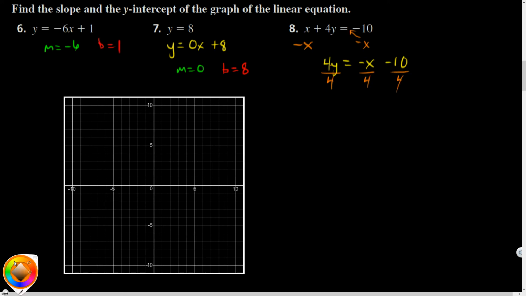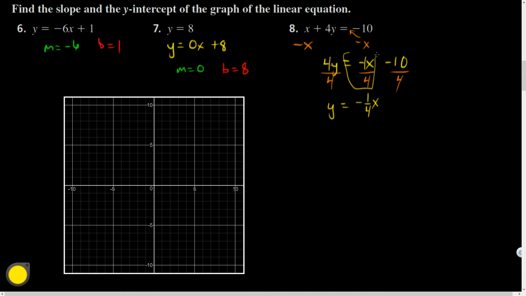And Trinley, watch out for this one. This one's tricky. Instead of leaving this as negative x fourths, which is true, I'm going to rewrite that. Imagine a little positive 1 in front of that. I'm going to rewrite that as negative 1/4 and then an x on the side. Because I want that slope to be really apparent to me.